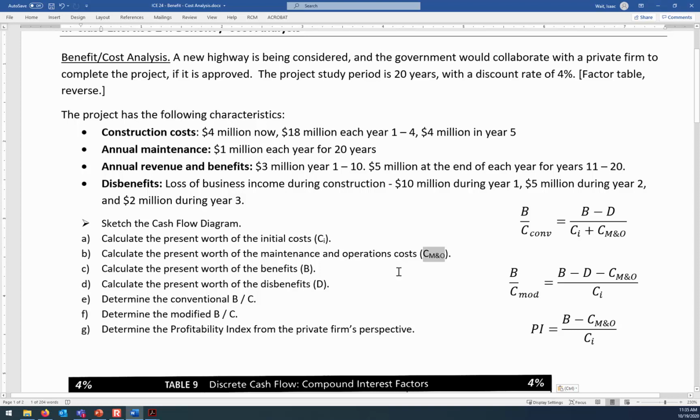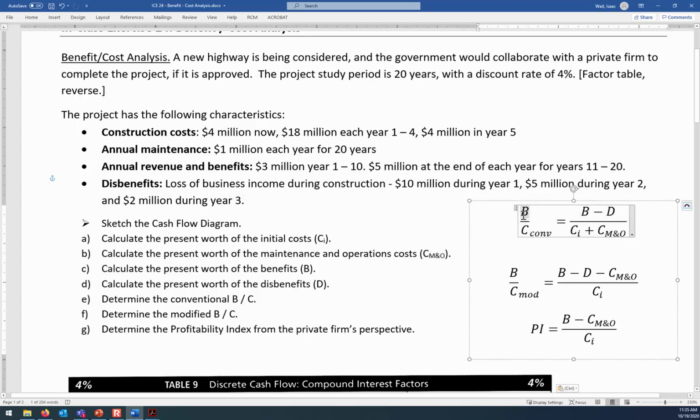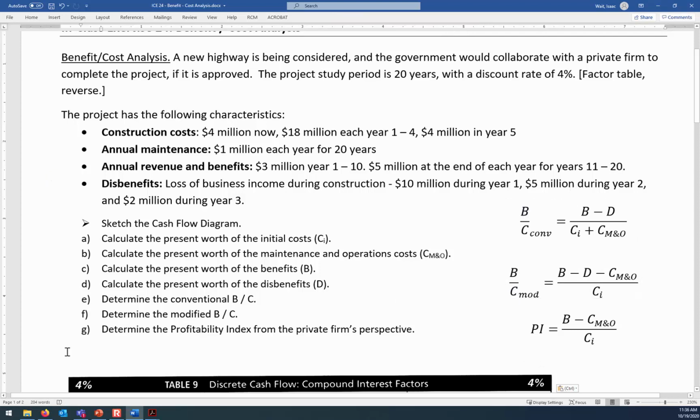Find the present worth of all those so that then we can put it into the conventional and the modified benefit cost ratio. And then also we're going to look at the profitability index. If we exclude the effect of the disbenefits, is it at least profitable for a firm that would be undertaking this on behalf of the public?